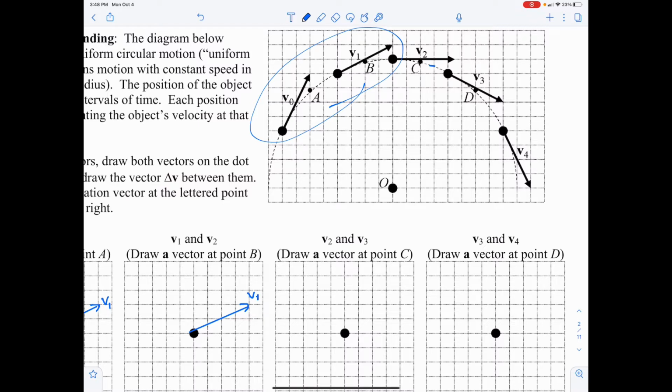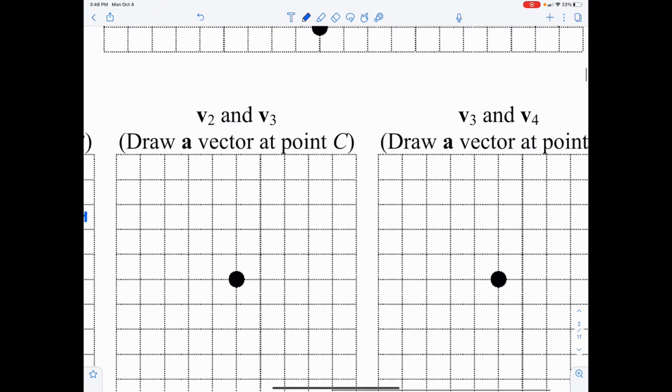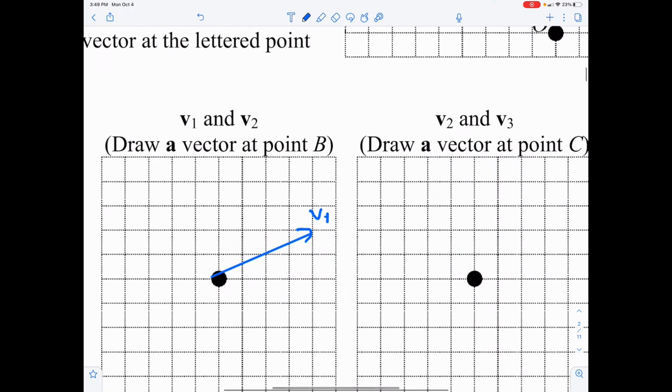And you can see that V2, well, it looks like it's 4 units over to the right, but it's actually a little longer. Notice the arrow tip goes almost 4.5 units. So that's the way I'm going to draw it. About right there.